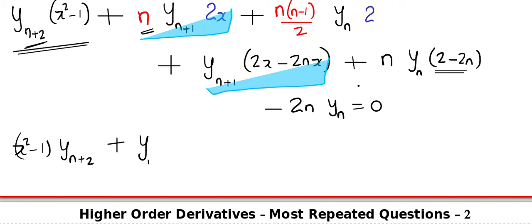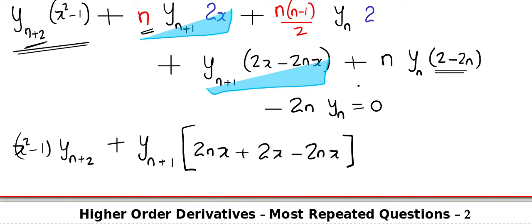So I'm going to write yn plus 1. In a bracket I will write 2nx plus 2x minus 2nx. So this will get cancelled, and now the last one, that is yn.